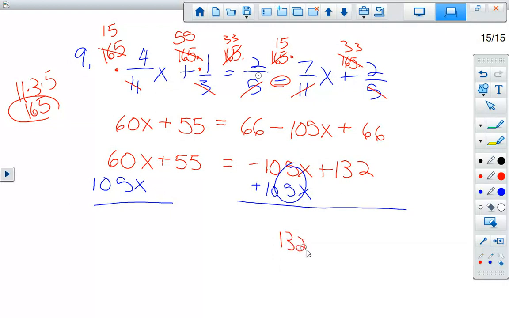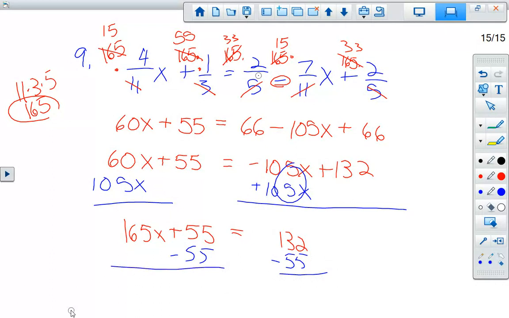So you get the 132, over here you get 165. Numbers are getting a little bigger. What happens now? Minus the 55. More room for mistakes because of the bigger numbers. So we have 165x.